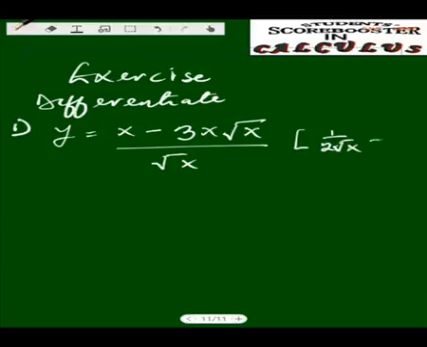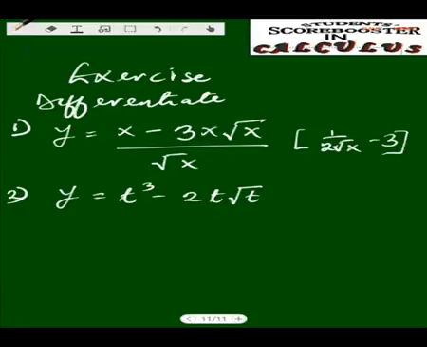Then number 2: y equals t cubed minus 2t square root of t, over t. I am expecting that we are going to get 2t minus 1 over square root of t. So these are the answers.